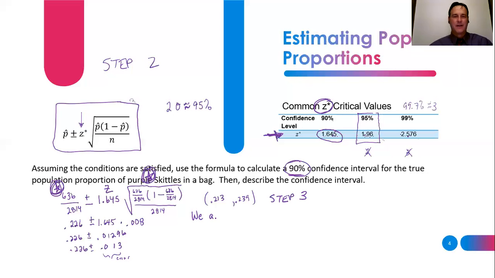We are 90% confident the interval from 0.213 to 0.239 captures the true. Now let's think about it.